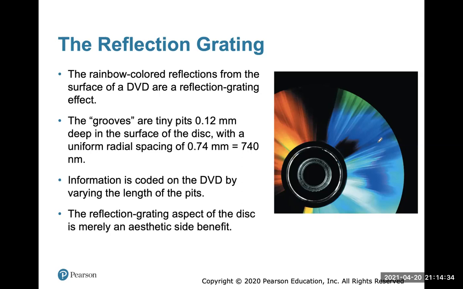If we can imagine that that's the spacing between slits, we've got an interference that's possible from the reflections associated with the differences in the path lengths from rays reflecting from the pits and rays reflecting from the surface.